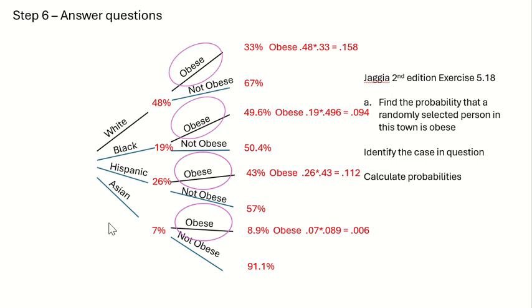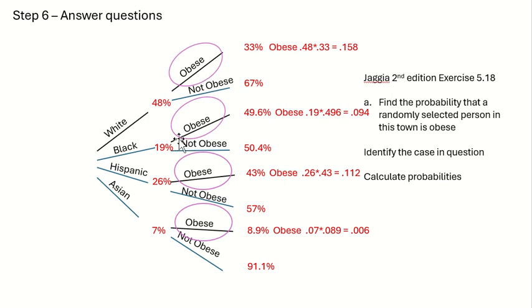The next thing we have is that from a total probability standpoint, when we are looking at the probability as we extend them out, if we take the 48% of the population who are white and then multiply that by the 33% who are obese, 0.48 times 0.33, probability says that 15.8% of the population, okay, 15.8% of the population are obese white.